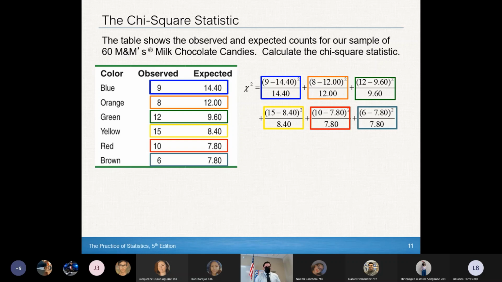This first fraction is from our color blue. We saw 9 blue M&Ms. The expected was 14.4. 9 minus 14.4 squared divided by 14.4 gives us our first value, and then so on for the rest. We ultimately get a chi-square equaling 10.180.